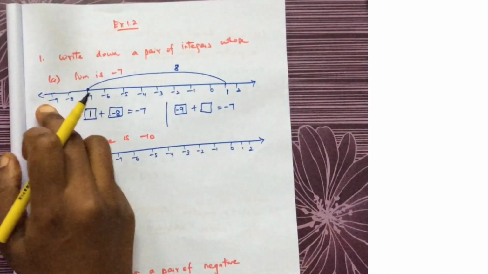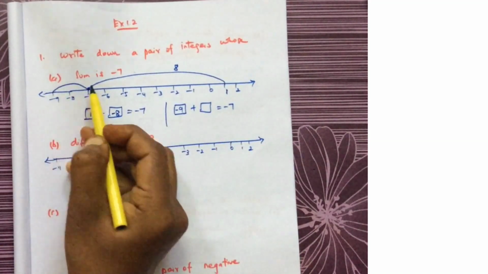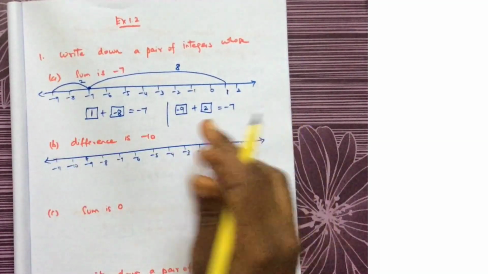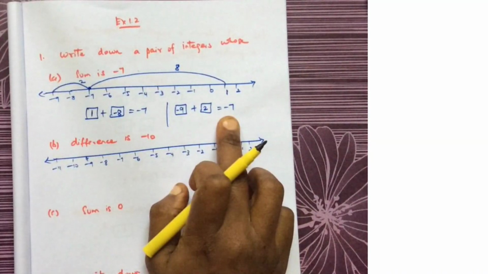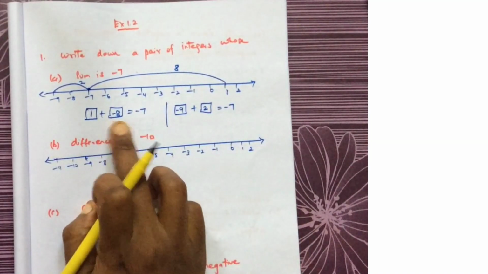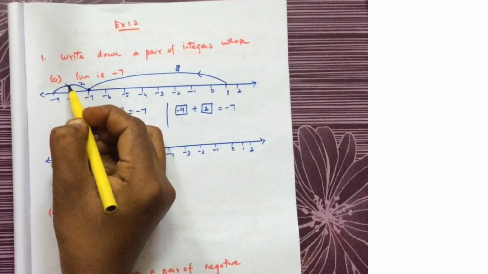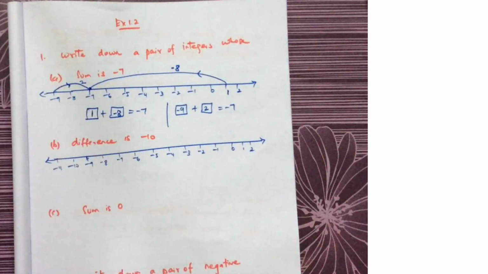From minus 9 I am going to reach minus 7. So from here to here how many? 2 steps. Okay, so minus 9 plus 2 is minus 7. The greater number here is 9, so it is minus. Here the greater number is 8, it is minus. So it is minus 8 and here it is plus 2.